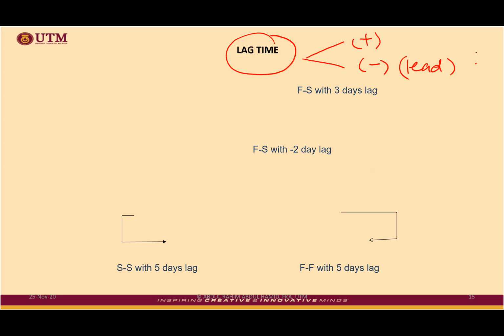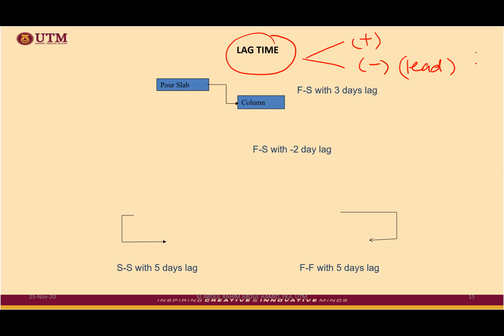What is lag time? Lag is simply delay. You delay the starting of the subsequent activity. Or instead of delay, the negative one, we call it lead. You move ahead. You start a little bit earlier. Instead of later, you start earlier. Example.